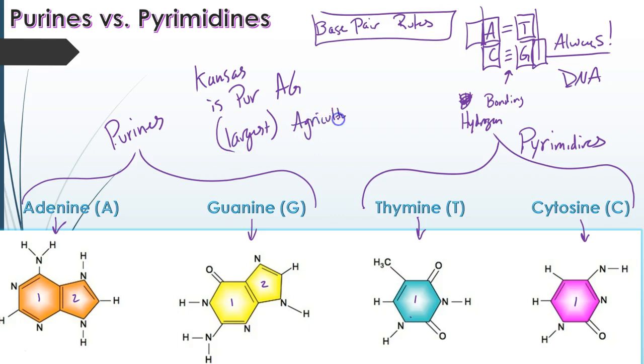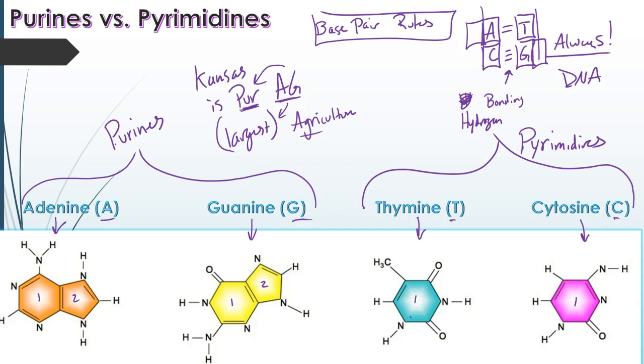It's agriculture, and because you can remember AG, A and G, being basically the abbreviation for agriculture, and that agriculture is the largest industry in Kansas, you can remember that because Kansas is pure agriculture, A and G are the largest bases. Okay, so AG, A and G basically are the abbreviations for the largest bases, and then by default T and C make up the smaller bases.